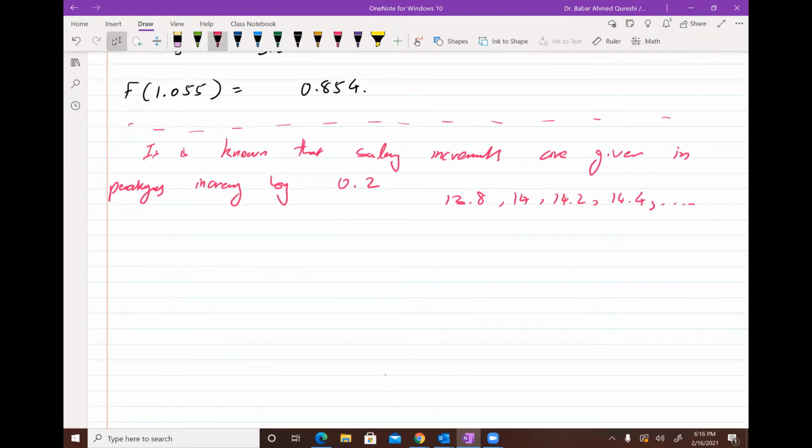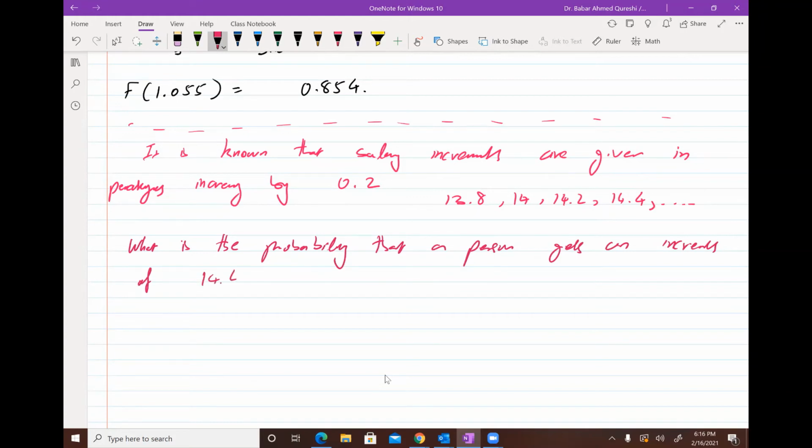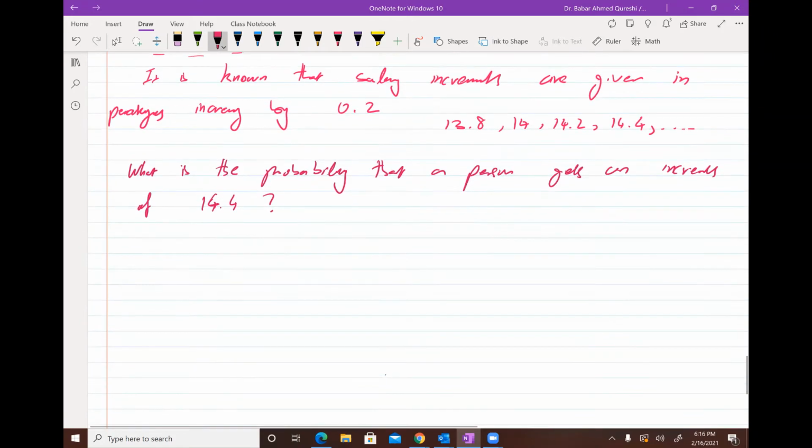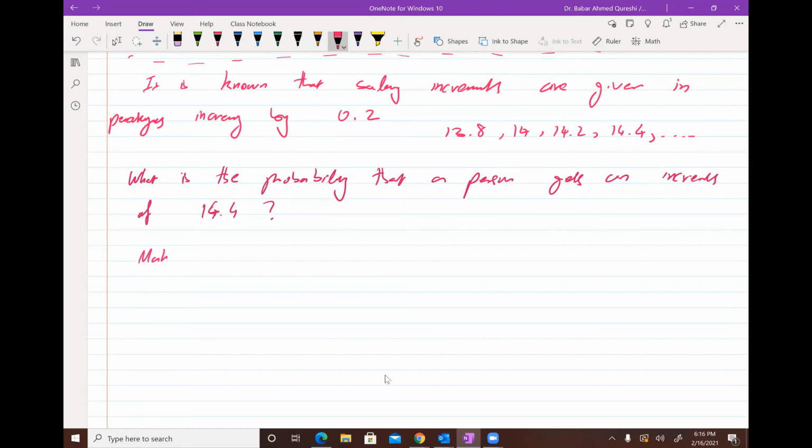Now, since it is a discrete variable, I can ask what is the probability that a person gets an increment of, let's say, 14.4. How do I answer this question? Well, I can make a bin. There are two rules: make bins of equal sizes, and pick a bin that has only 14.4 in it.